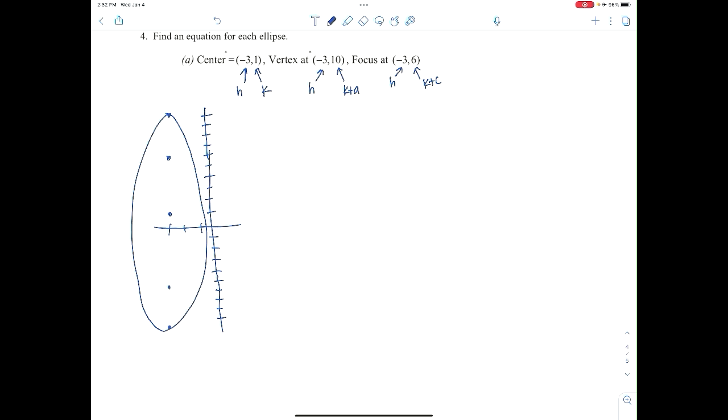So I'm moving up and down the y-axis on the major axis of this ellipse. This tells me my general form of my equation is going to be x minus h squared over b squared plus y minus k squared over a squared equals 1.